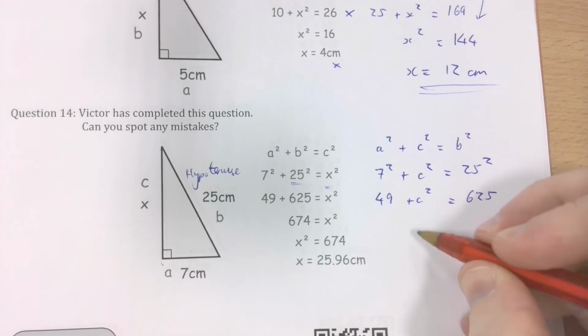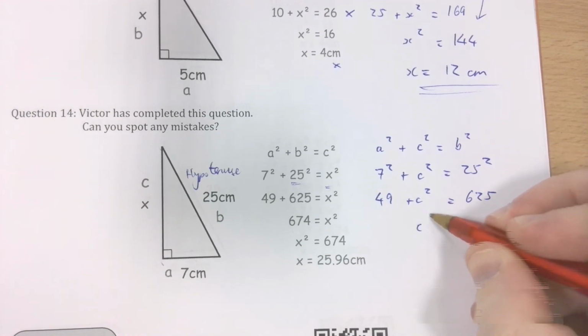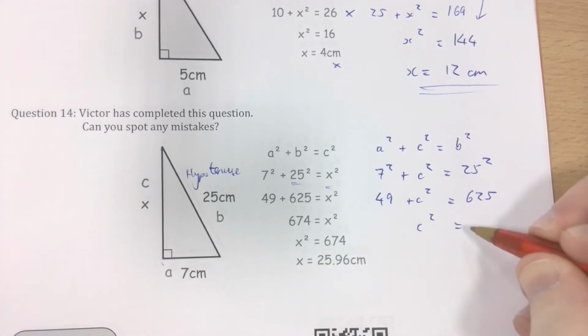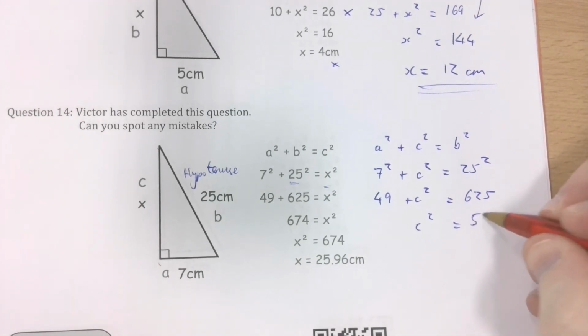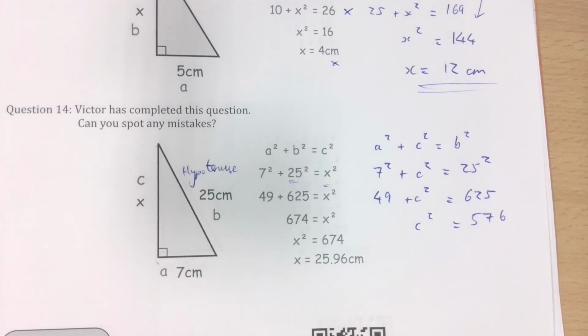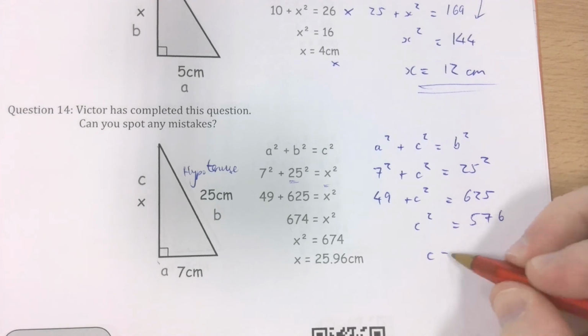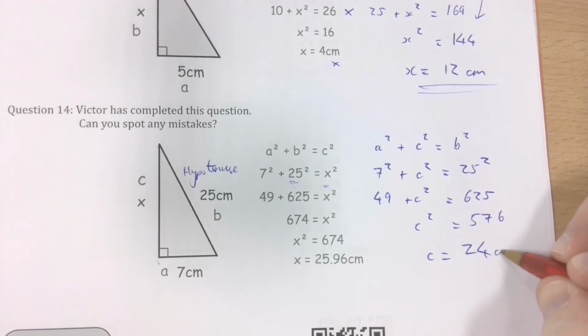Take away 49 from both sides to give me c squared. 625 take away 49. Whoops. Is 576. Yes, I did it on a calculator. Fight me. And that way c is 24 centimeters.